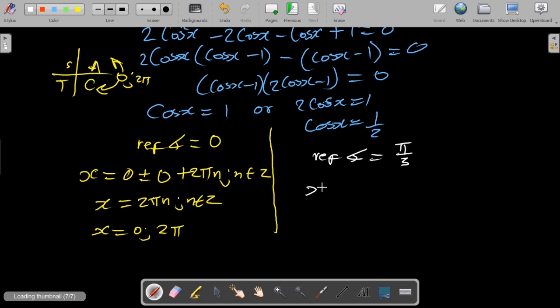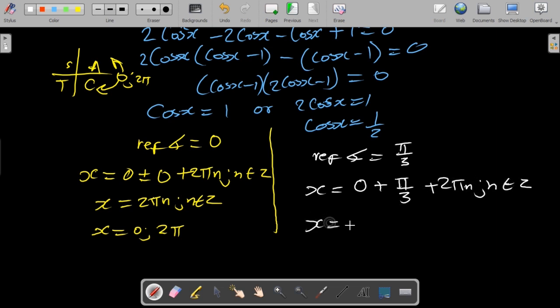And that region is described by 0 plus the reference angle plus the period, as well as 0 minus, which would be this quadrant, multiplied by the period n, and n is an integer.